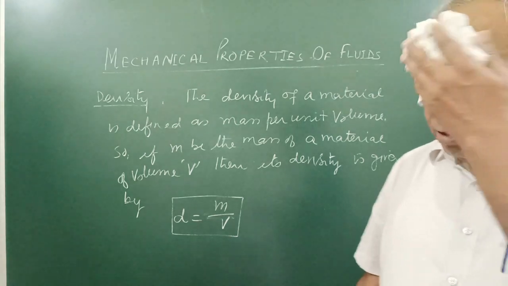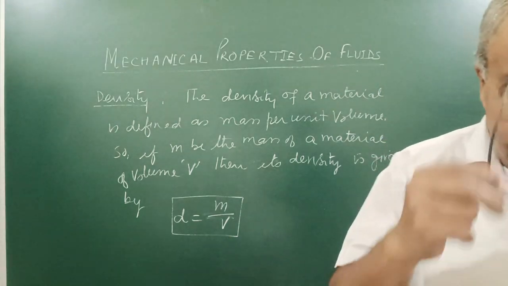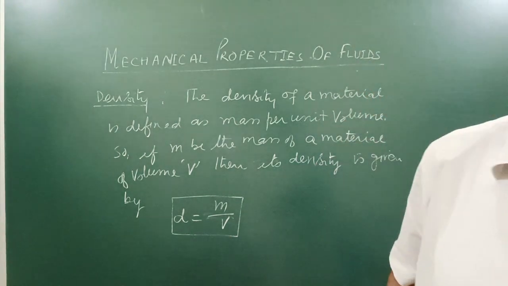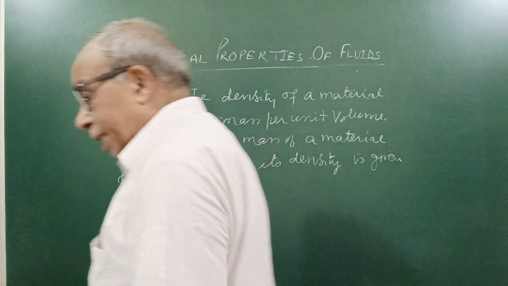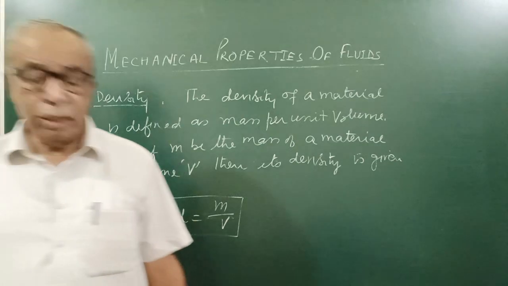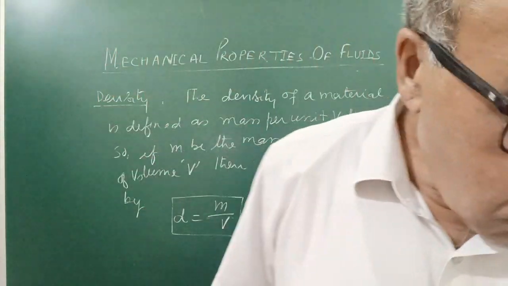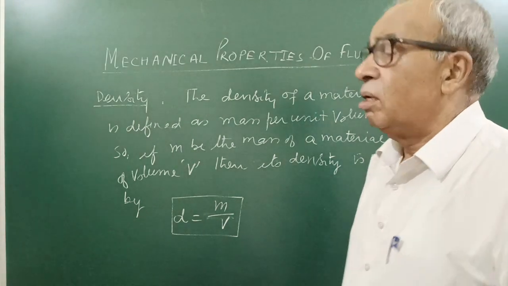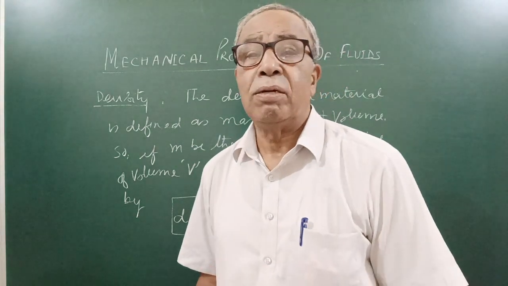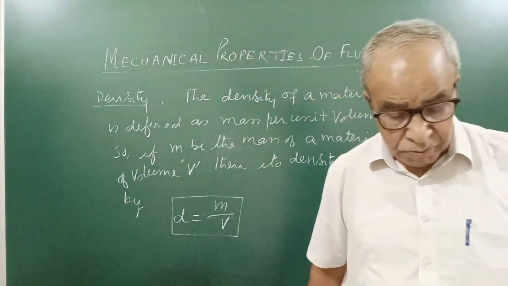By knowing density we can tell a body is lighter or heavier, more massive or less massive. Like iron is heavier than water, so density of iron is higher than water. Wood has less density than water.